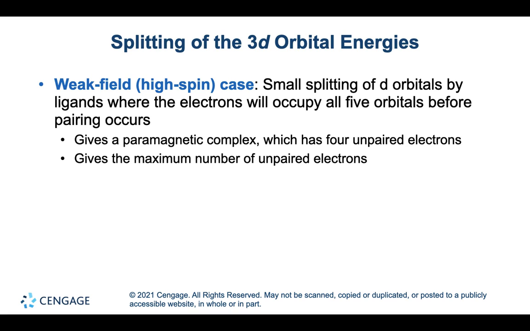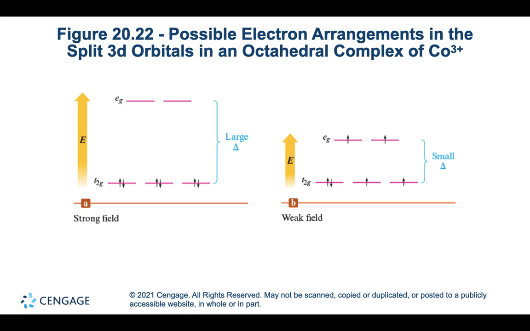The weak field case is if your ligand does not interact strongly with the d orbitals. The small splitting of the d orbitals will actually mean that all 5 orbitals will sort of fill with 1 electron each before double filling. So that'll give you more unpaired electrons, which would be more likely to be paramagnetic, the weak field case.